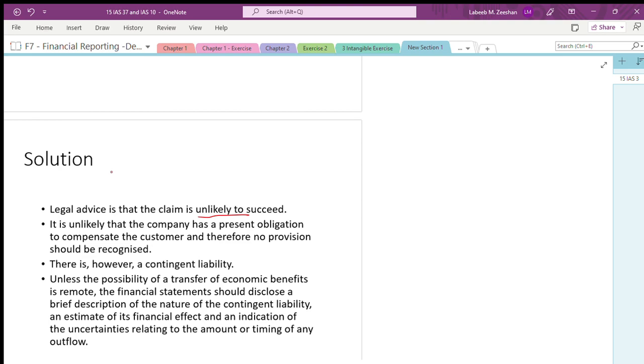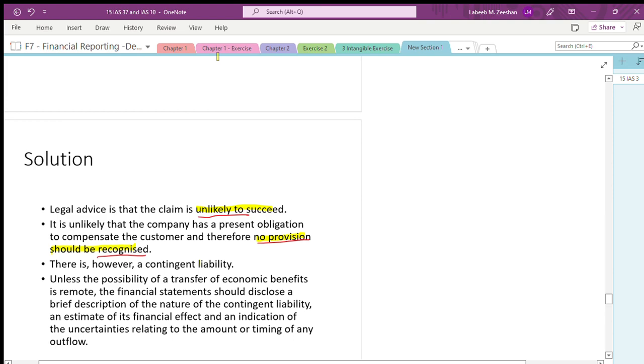Therefore, no provision should be recognized. See, you got the answer in this one. You don't need to go further. They say that it is unlikely to succeed. When it is unlikely to succeed, no provision should be recognized.